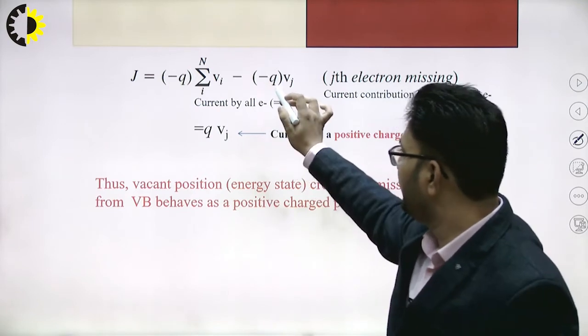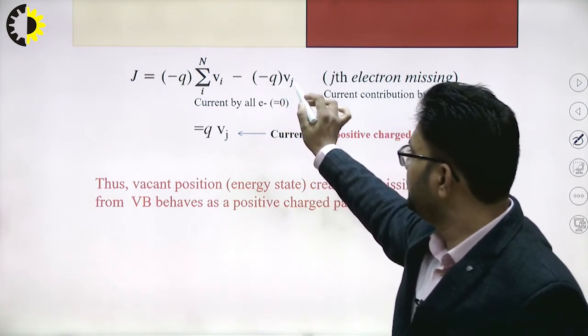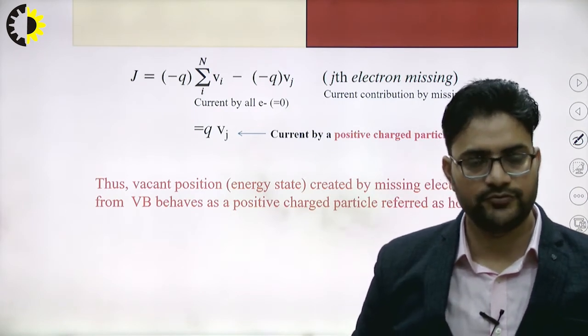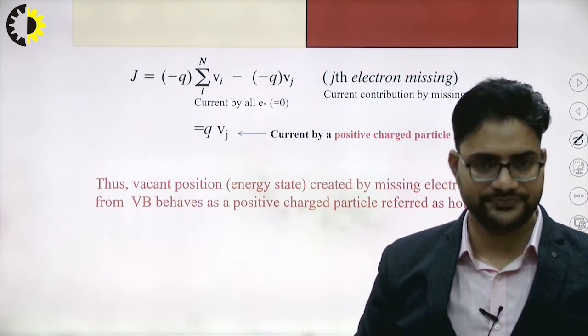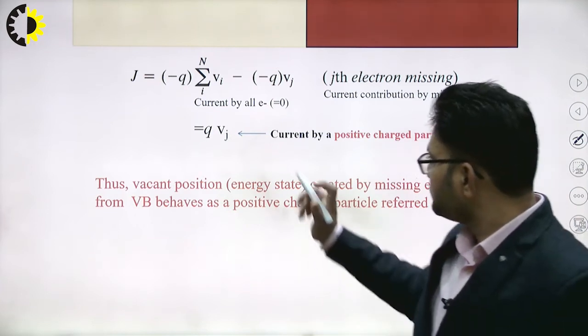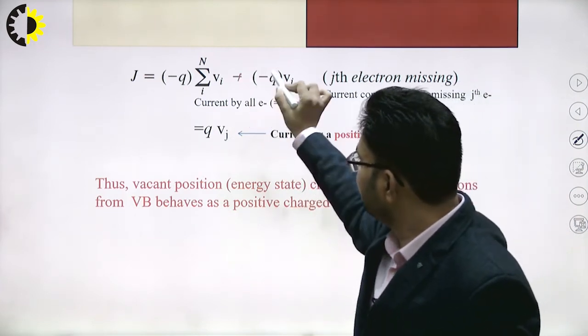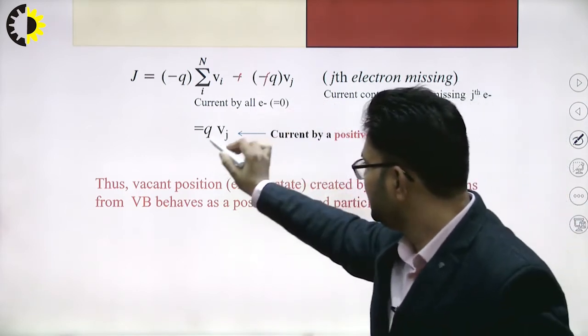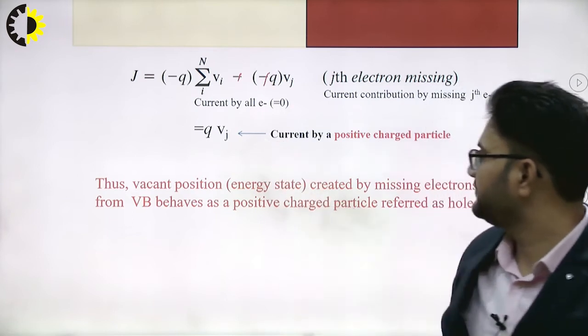Minus of minus Q into Vj, that is, one electron is missing from the total number of electrons. This minus and minus will cancel out. What we will have is plus Q into Vj.